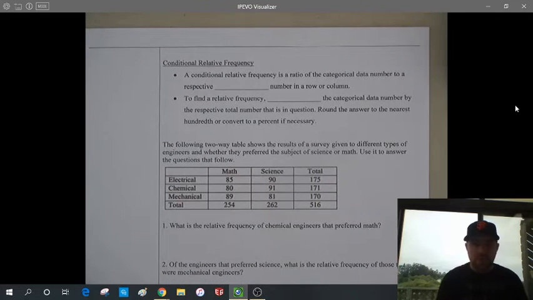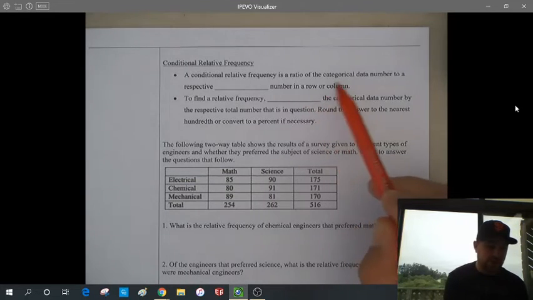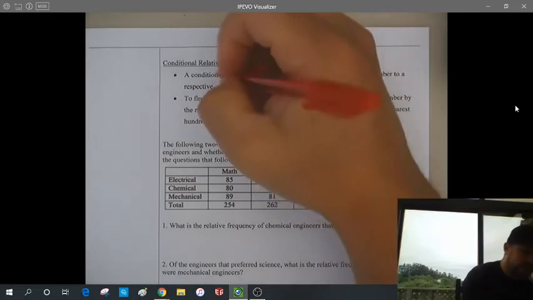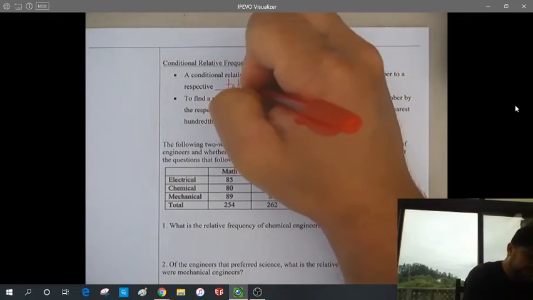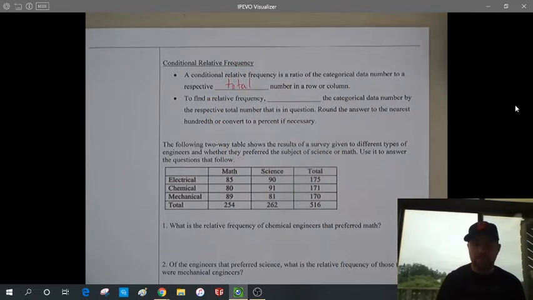Okay, and then one last one, conditional relative frequency. The word conditional means it depends on something, right? Or there's some kind of conditional reason for that data. So it's still a ratio of categorical data to a respective total number in a column or row.